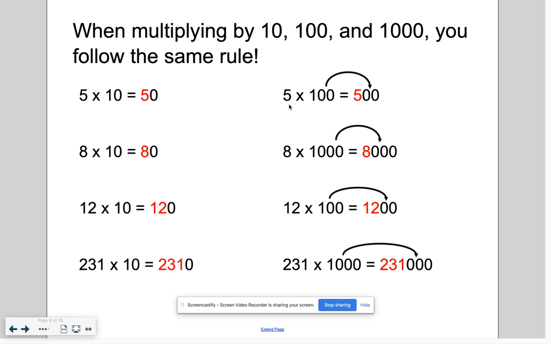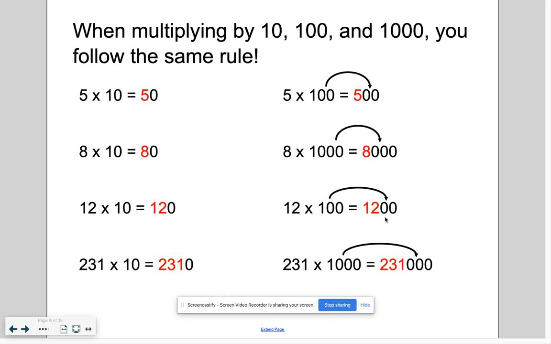If I was to multiply 5 times 100, it's the same strategy. I take the 2 zeros in 100 and I'm going to stick them onto my 5. So there's my 5 and there's my 2 zeros, and I'm just sticking them on the end. 8 times 10 is 80, but 8 times 1,000, I'm taking the 3 zeros now from 1,000 and sticking them on the 8, and my answer is 8,000. 12 times 10 is 120, but if I go 12 times 100, same deal.